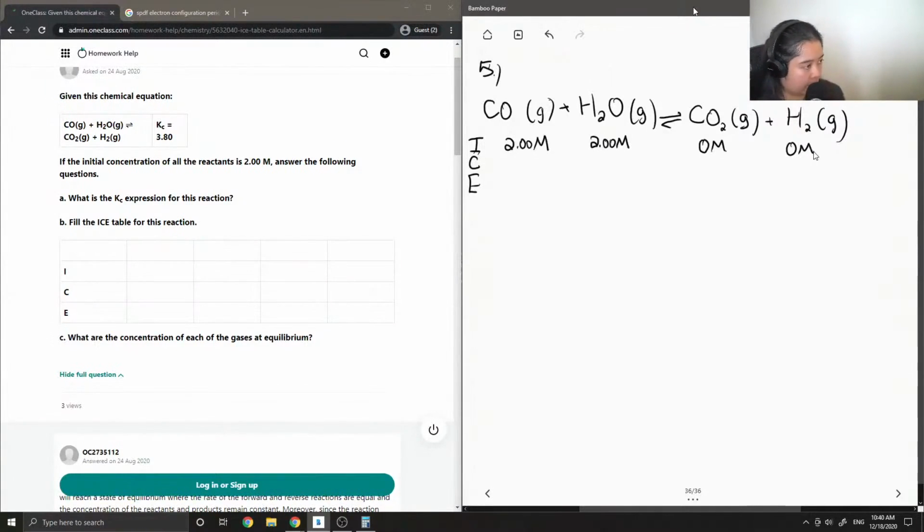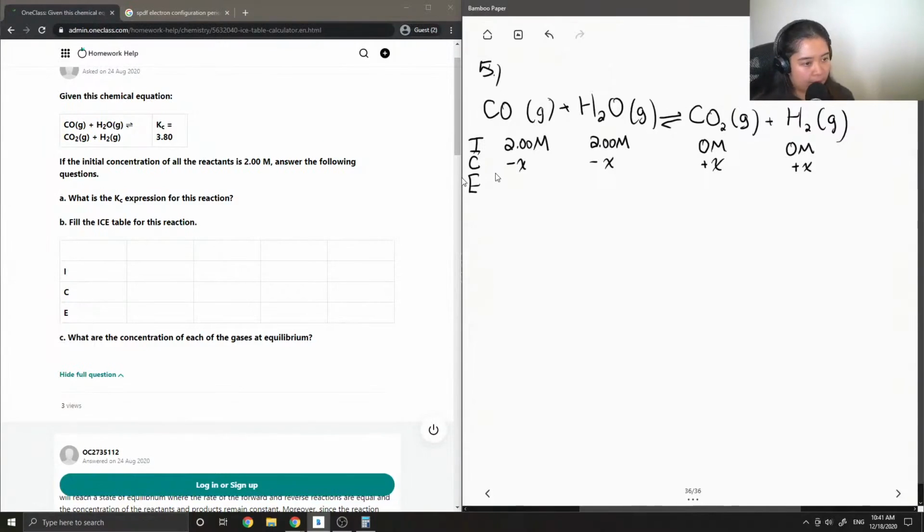Okay, so moving on to the change, for both the reactants, it changes by -x, and for our products, it changes by +x. And we know this because as a reaction progresses, we start to lose concentration of reactants, and we start to gain more concentration of the products.